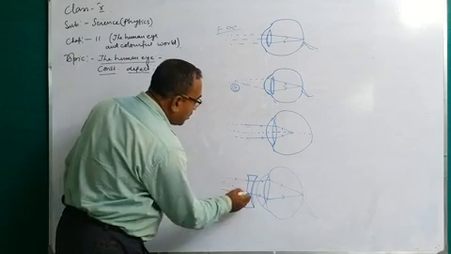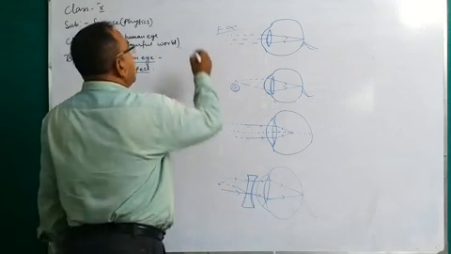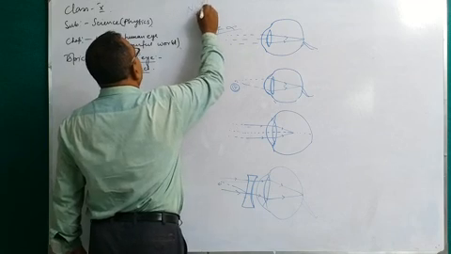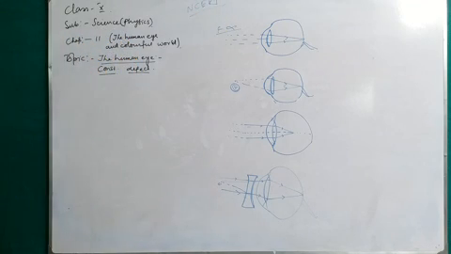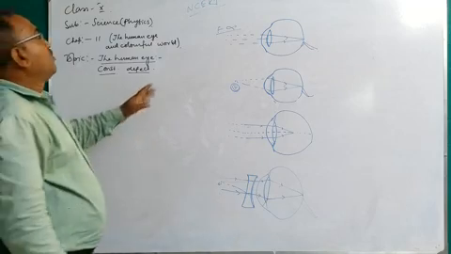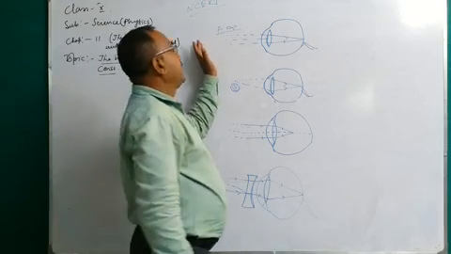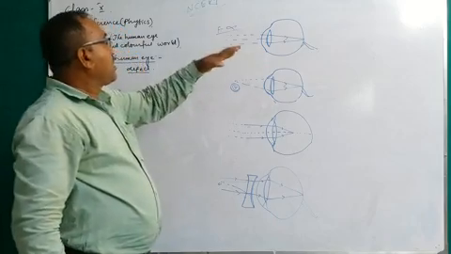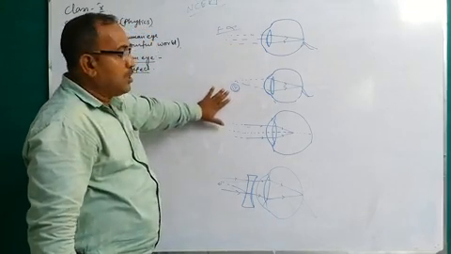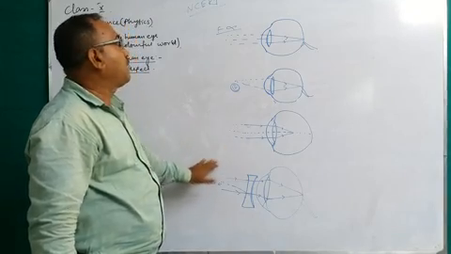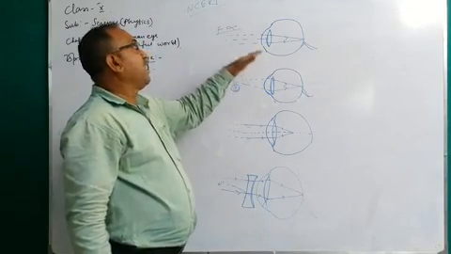So you must draw it with the help of the NCERT book. Without the NCERT book, you cannot draw it because so many books are there that make no mention of the far point. So you must mention the far point for the myopic eye.